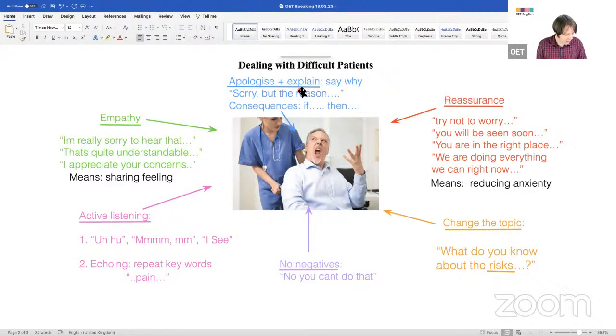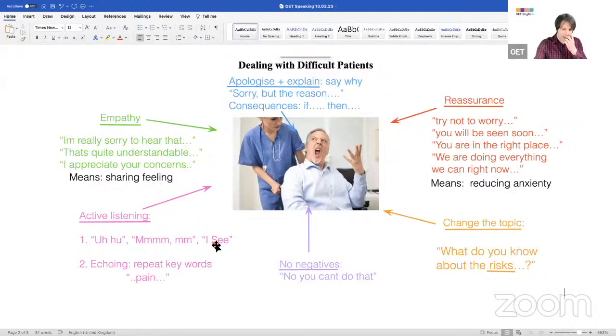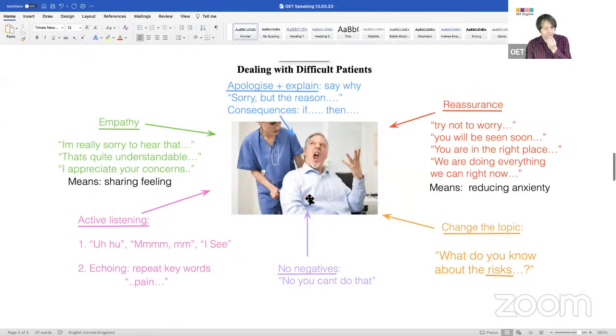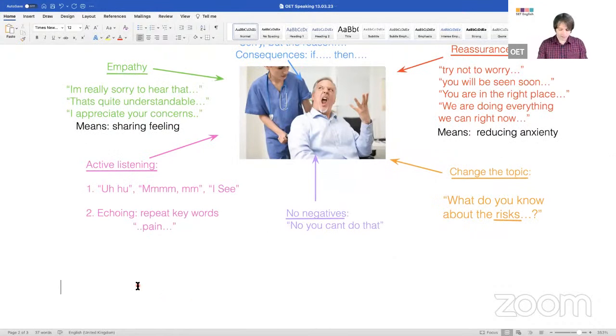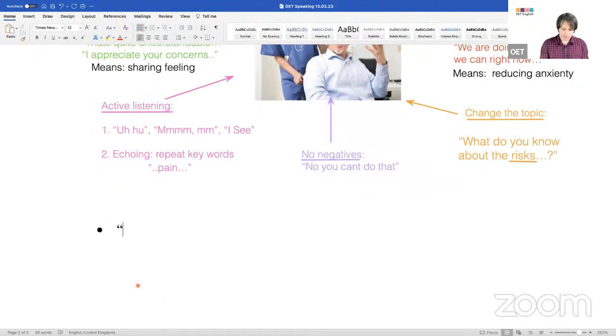Go on, Bianca. What about the phrase, okay, the patient insists for a long period, and you can say, but before going any further, may I ask you a question or something? Using that structure. Okay, so let me think about that. This is good. Does everyone understand what Bianca's saying here? She's saying, before we go any further. What does that mean, Bianca?